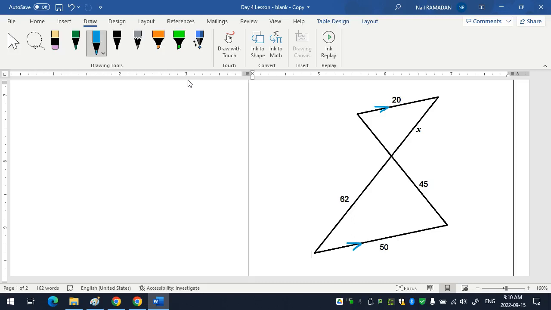Can someone tell me, this angle right here, is it equal to this one or to this one? Yes, because of the Z theorem. Perfect. So I'm going to use a small circle and a small circle. Okay, how about the X theorem? Hamza, where's the X there? Right in the middle. So obviously, these have to be equal.